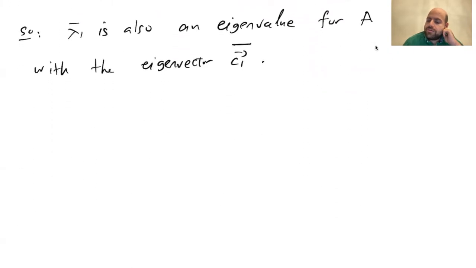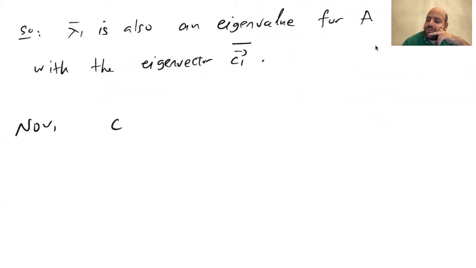Now suppose that we have access to one of the eigenvalues and one of the eigenvectors. Consider C1 times e to the power lambda 1 t. We have already seen before that if you have an eigenvector and eigenvalue, let's say C1 and lambda 1, then C1 times e to the power lambda 1 t is a solution for our system of ODEs.